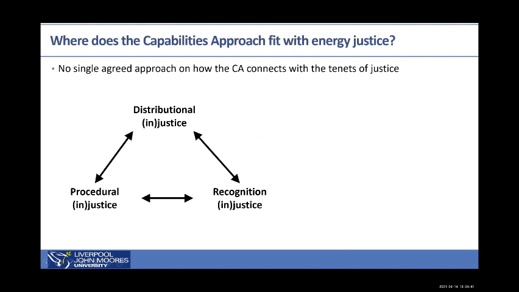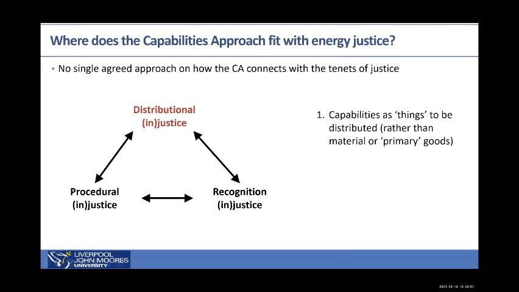Okay, so where does the capabilities approach fit with energy justice? Again, there's no single agreed way on this, and different people may have different opinions on it. I think one common way of looking at it would be to see capabilities as connecting most strongly to distributional justice.